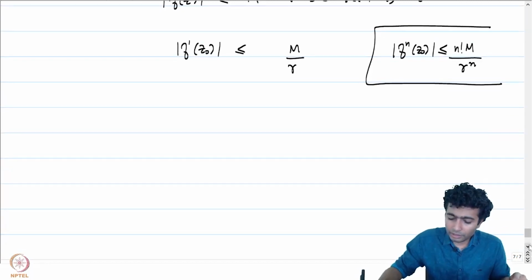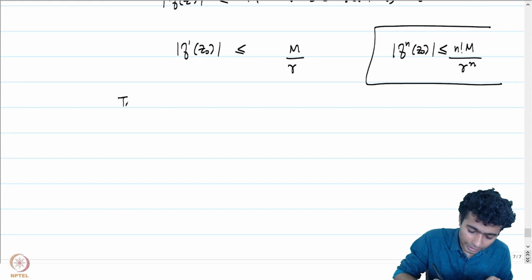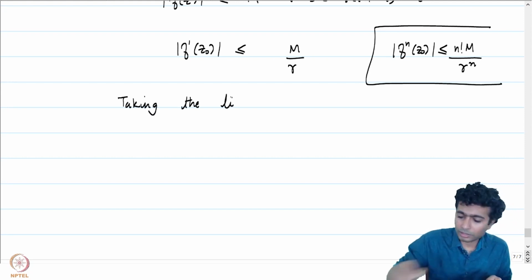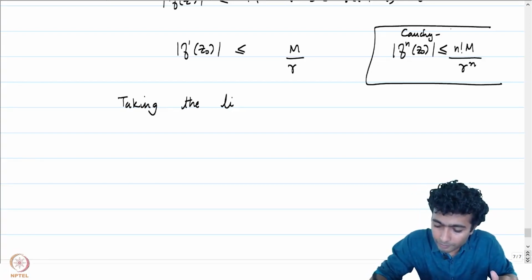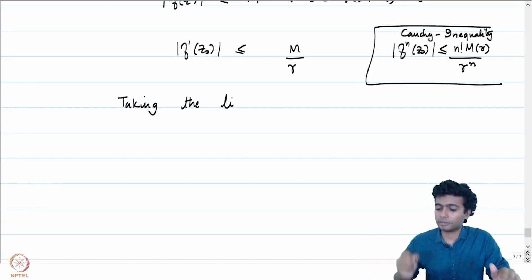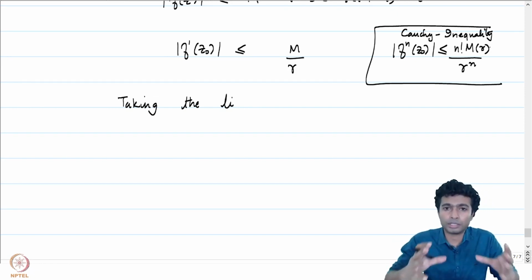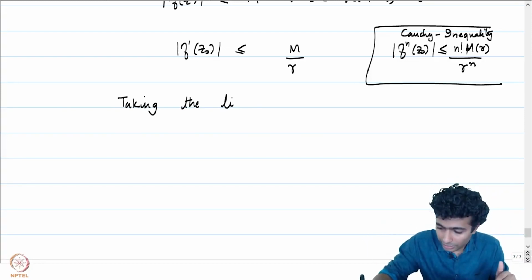Now, let us take the limit as r goes to infinity. Notice that in general, when we have the Cauchy inequality here, this M is actually dependent on r. It is the bound on the circle of radius r around z0. So, if you change the circle, the number here will change.